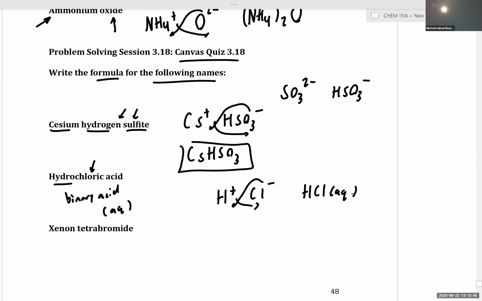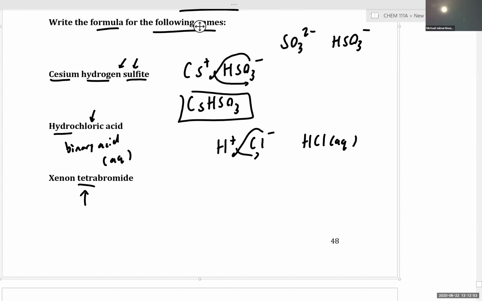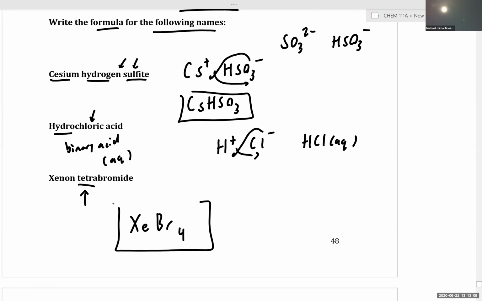Perfect. In our final example, xenon tetrabromide, this tetra prefix tells us we are dealing with a binary covalent compound. So we write out our first element, which is xenon. Tetra tells us we have 4 of our second element, and bromide is based on bromine. So xenon tetrabromide is XeBr4.